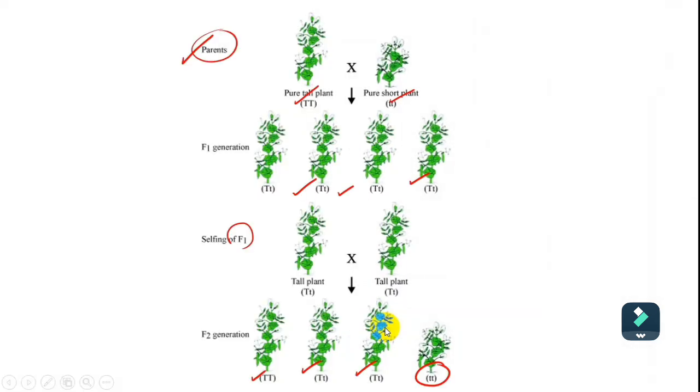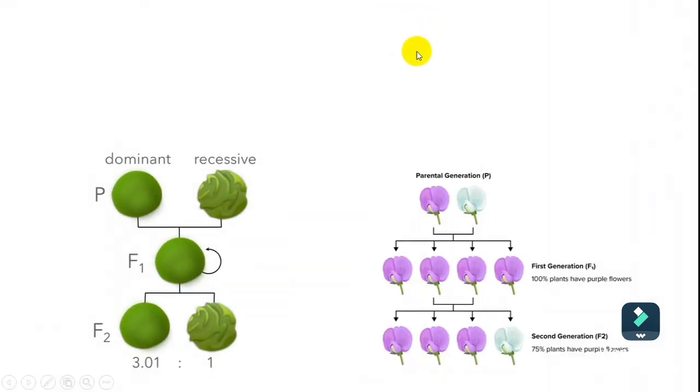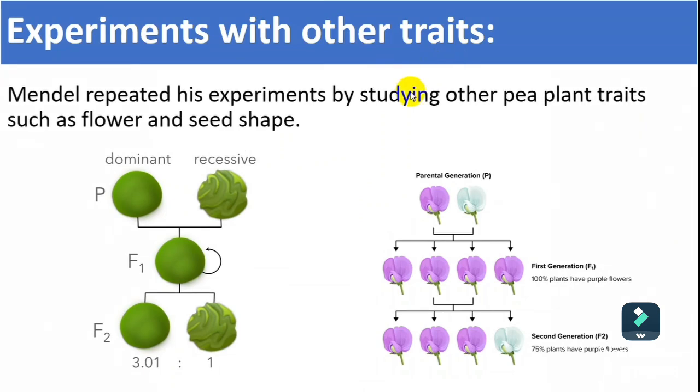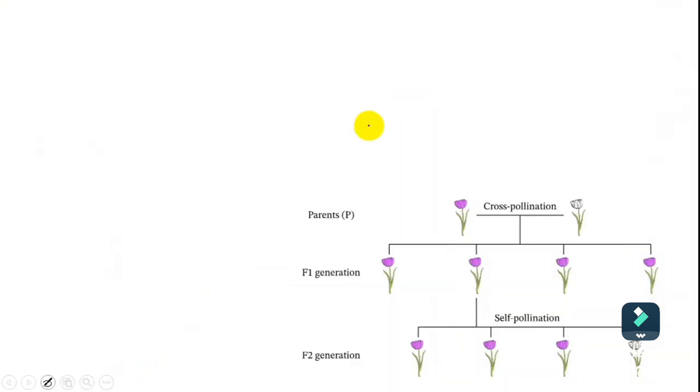So we want to understand what the symbols mean. Look, please. We have two types of trait, as we said. We have dominant trait, or strong trait, and we have recessive trait.